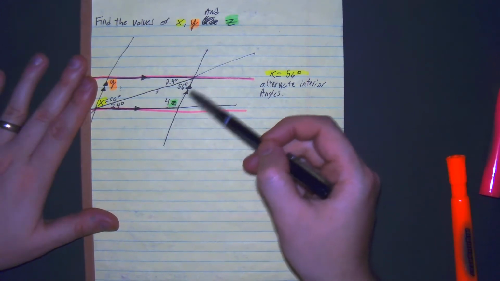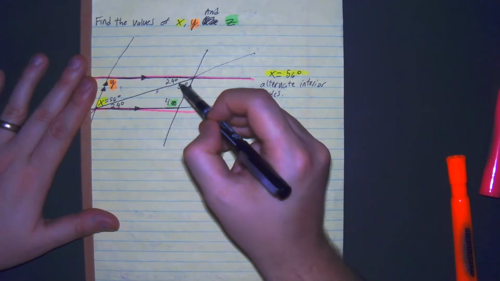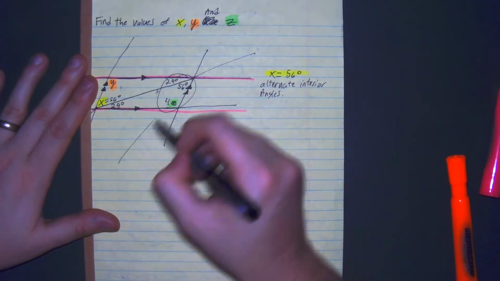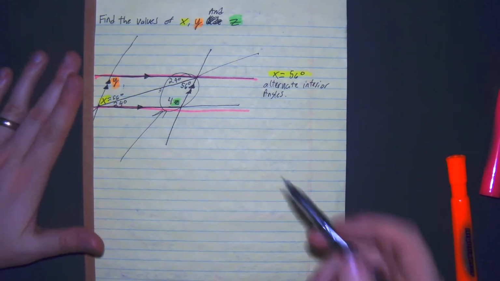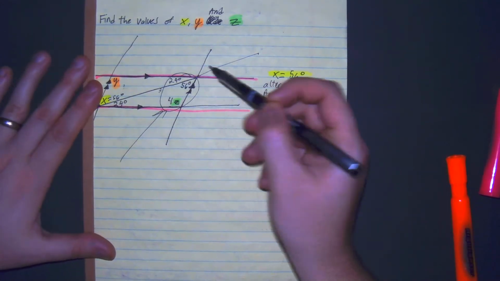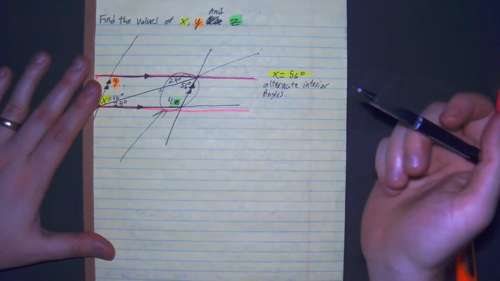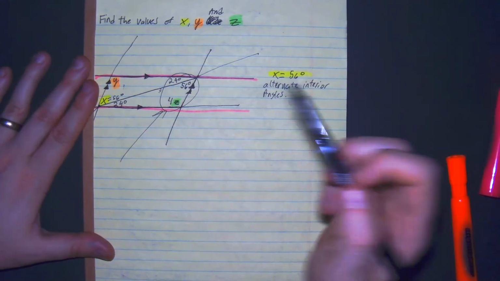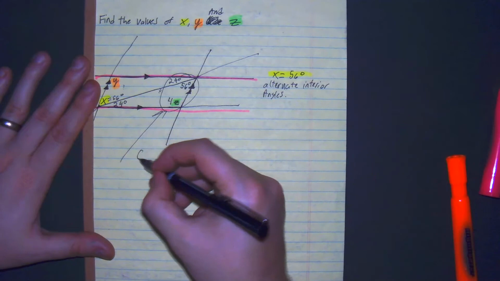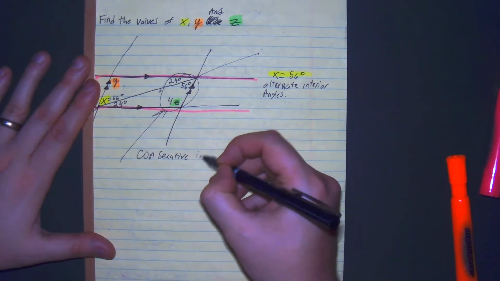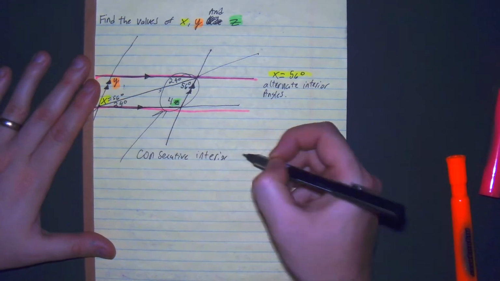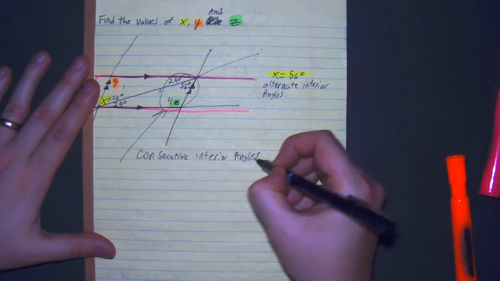That means we have right here this section. We're going to be calling that consecutive interior because it's on the same side as the transversal and it's within parallel lines. So we're going to use all these angles right here. And again, the reason being it's consecutive interior angles.